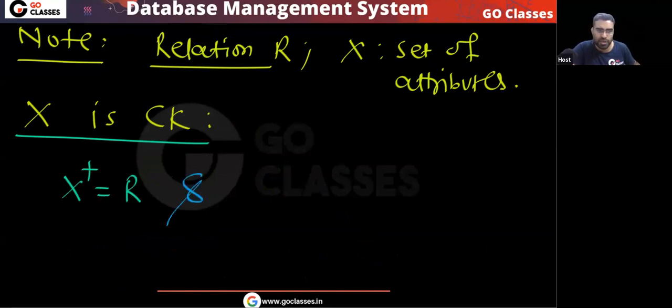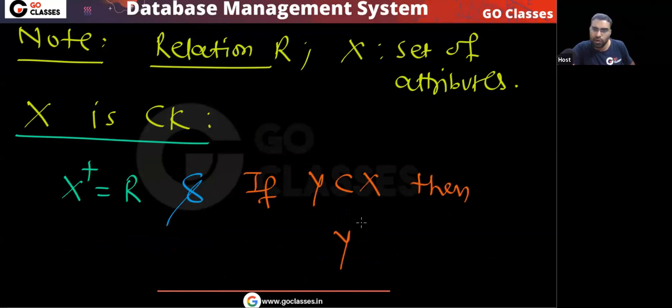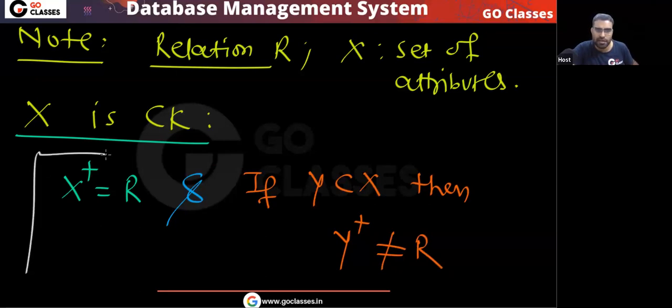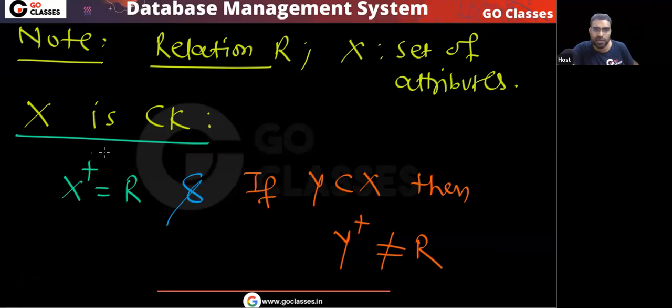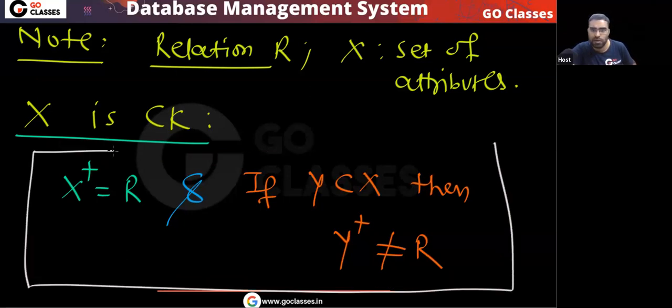And if Y is a proper subset of X, then the closure of Y should not be the same as R. Y cannot determine all the attributes. This is the entire definition of candidate key. Did you understand this?